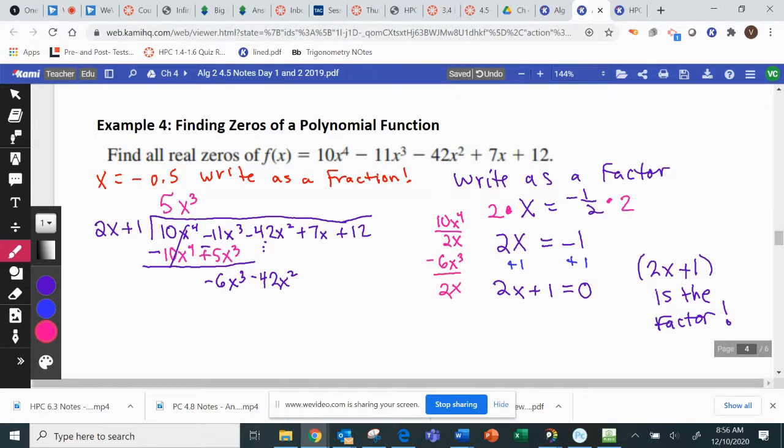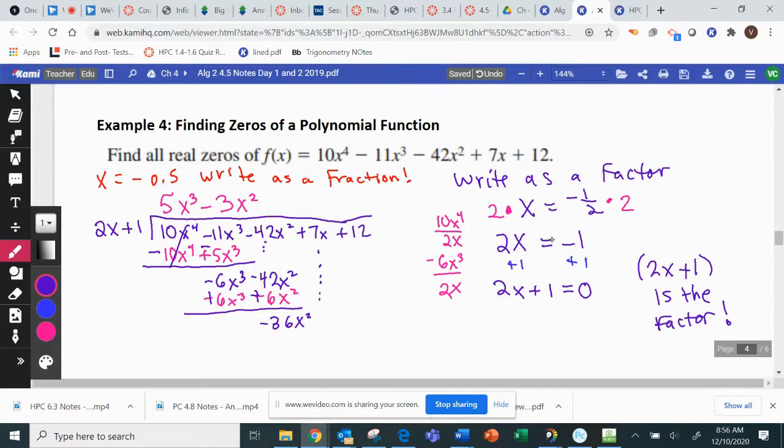So if I divide negative 6 by 2, I get negative 3, and then x to the 2nd. And then we multiply. So I'm going to get negative 6x to the 3rd, and negative 6x squared. Subtract, draw the line, change the signs, and I get negative 36x squared.